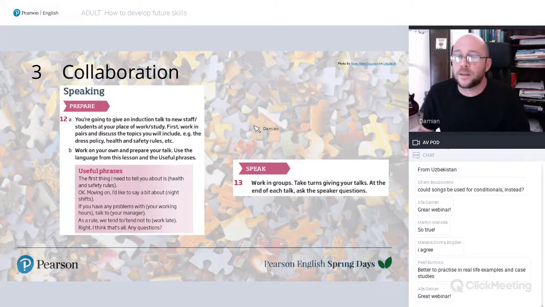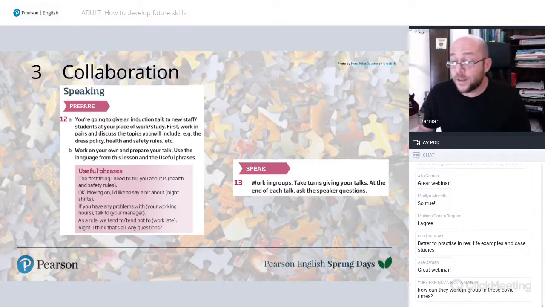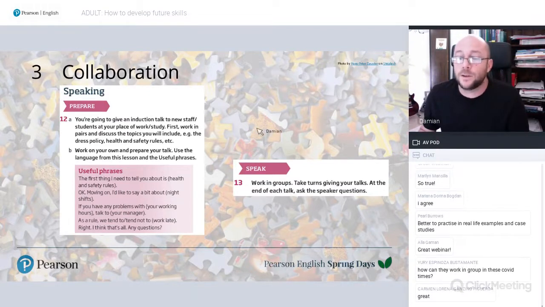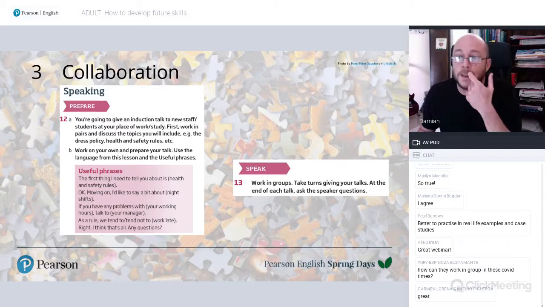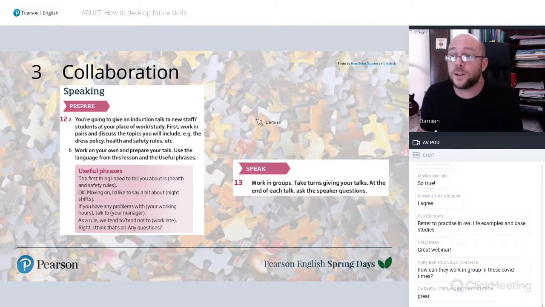So conditionals are great if they're going to help them do what they do in real life. But when they're using English in real life and they want to achieve things, get things done, if they're not using conditionals 100% correctly, but they're achieving what they want to achieve, then I would say that's more important than having perfectly grammatically correct language.